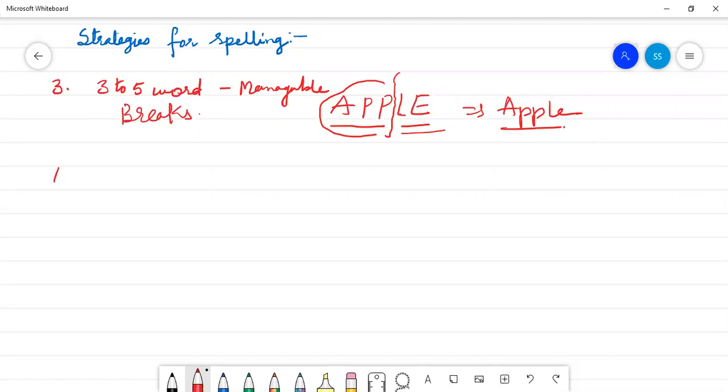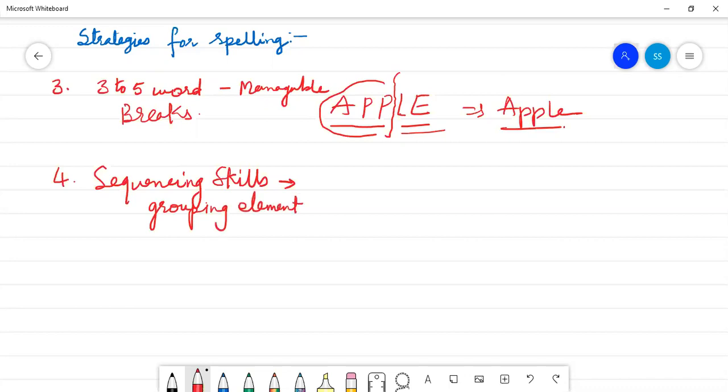This is another strategy, and then sequencing skills. Here in the sequencing, it depends upon the child's ability. So sequencing skills, or you can say grouping elements.